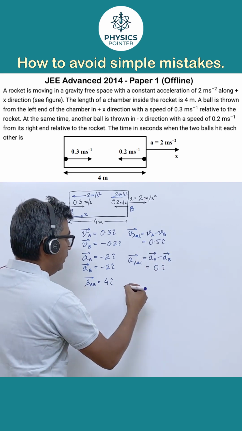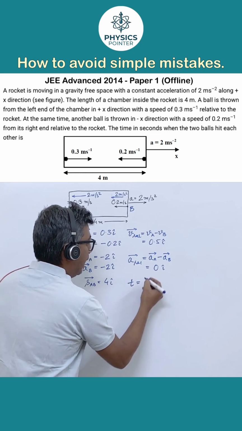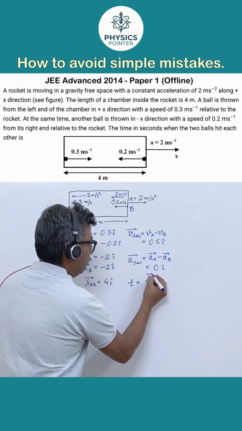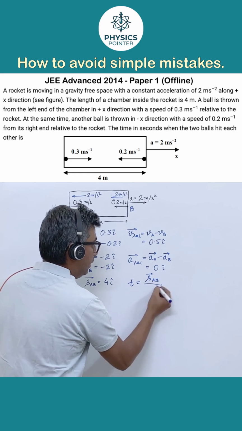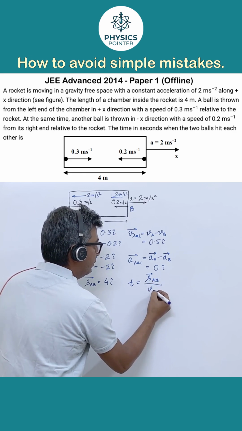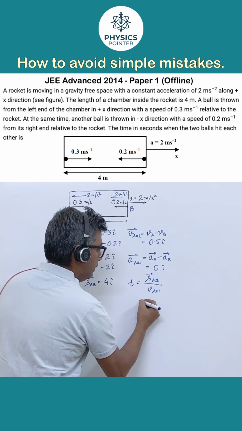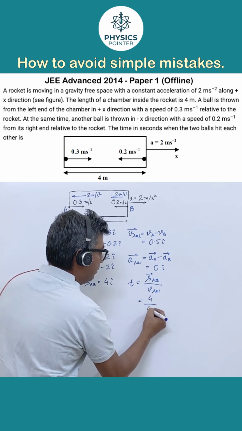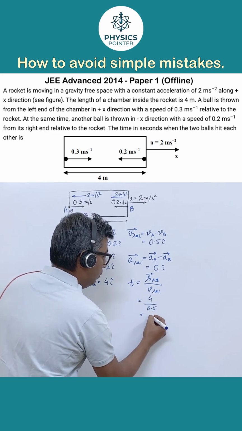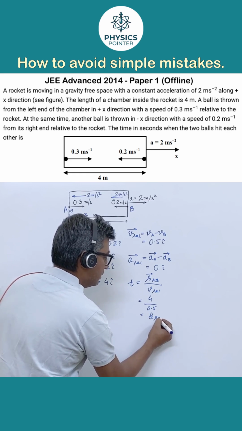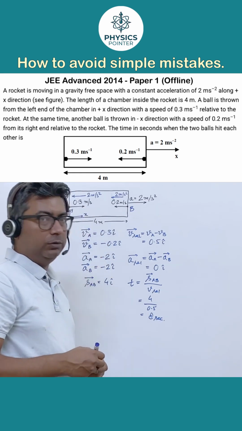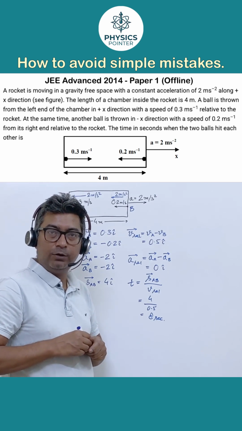Let's simply calculate the time. Time will be SAB by VREL, which is 4 divided by 0.5, equal to 8 seconds. It seems relatively straightforward.